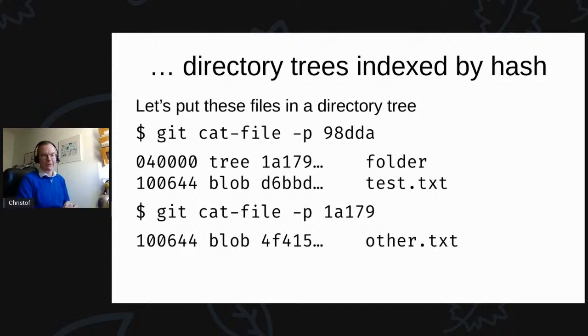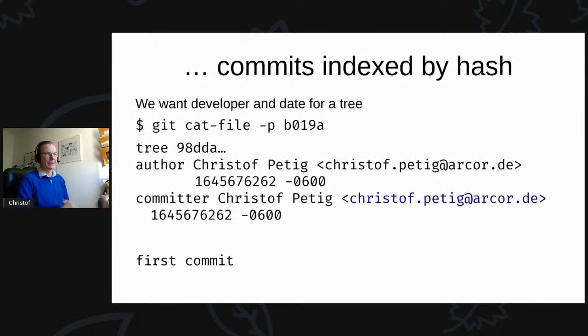But if we really want to take a look into storing development, we also need some metadata stored within that database. So it not only stores files and directory trees, it can also store commits. And these are also accessed by hash.